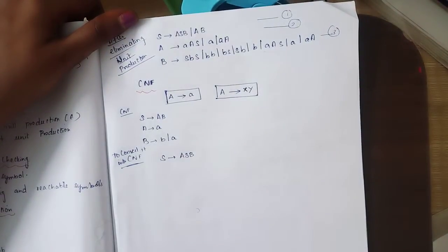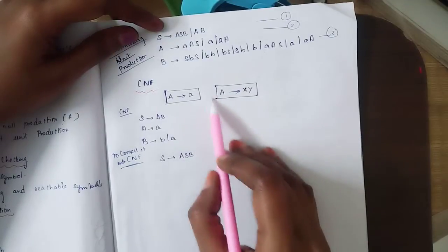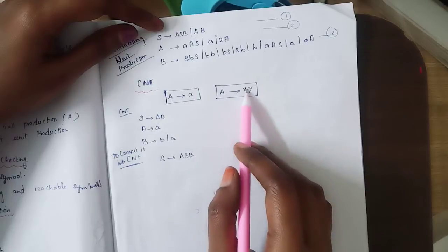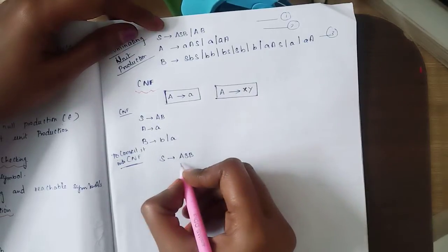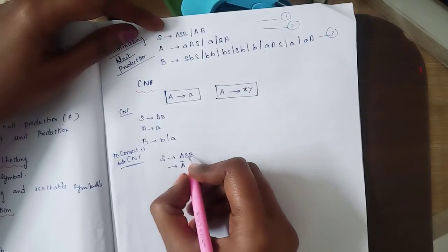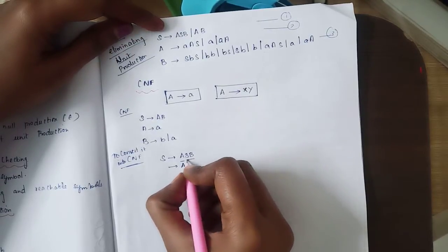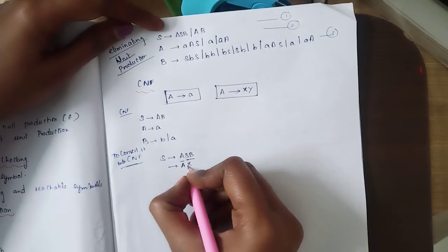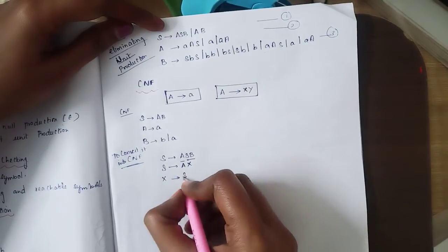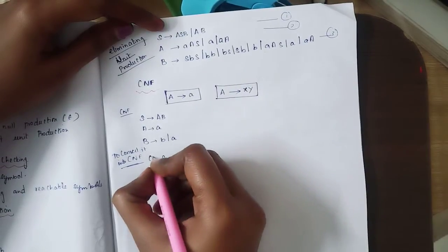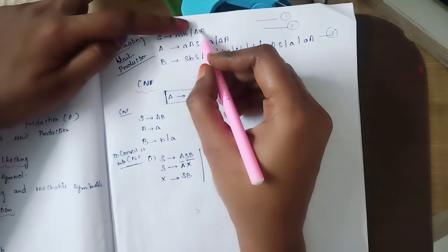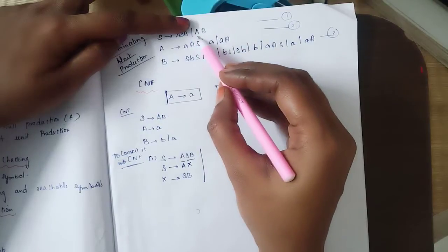When I look at this, my CNF should always be like two variables, but instead I have three variables. So I keep this A, and for this SB I make SB as X. So S tends to AX, X tends to SB. This is for the first one. The next one is already in CNF form.